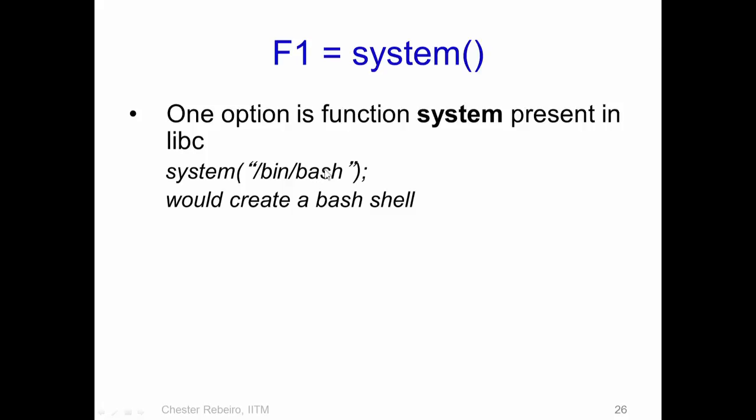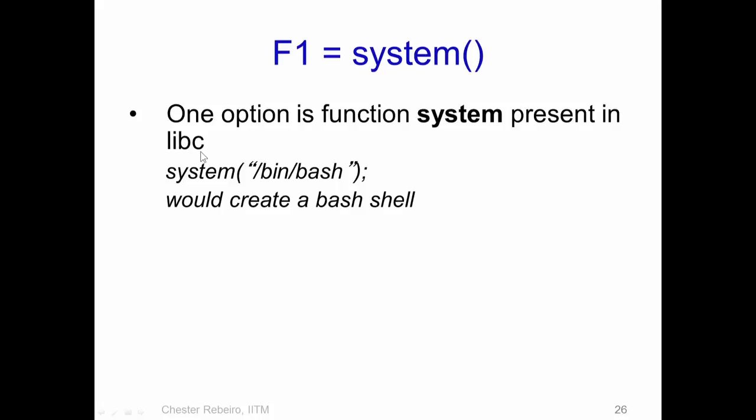So, in this particular example, what system would do is that it would execute the bash shell, thereby creating a bash shell. Now, Libc is a library which is used by most programs. So, even a normal hello world program that you write would quite likely use the Libc library.